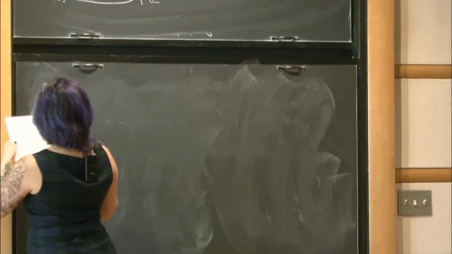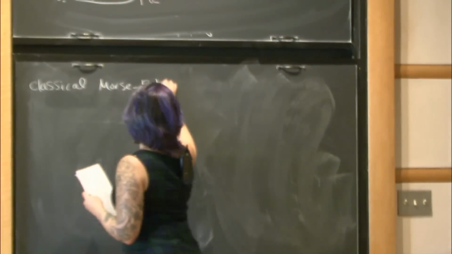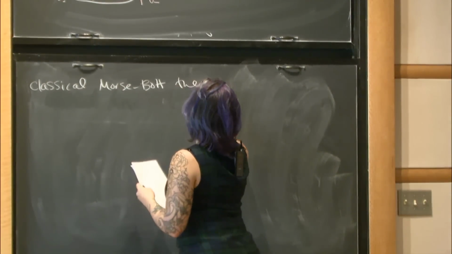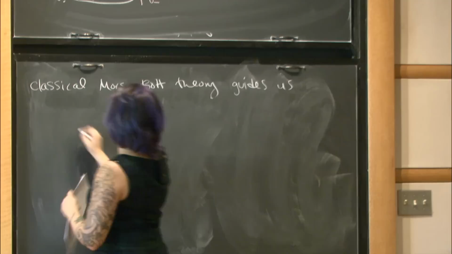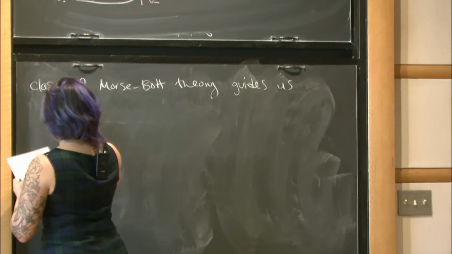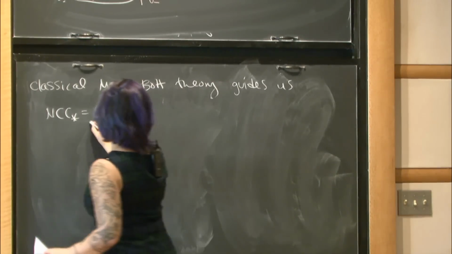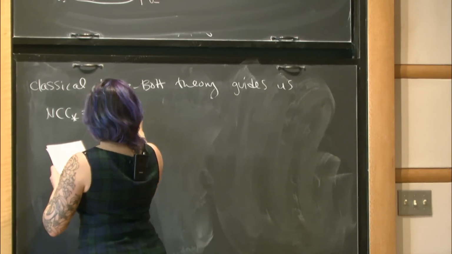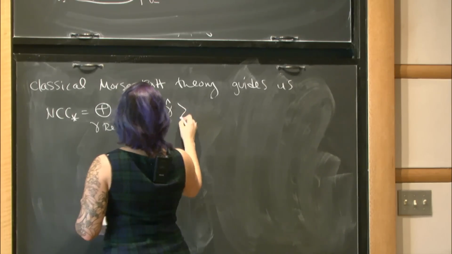Okay, so classical Morse-Bott theory guides us, and so our non-equivariant chain complex is going to be generated by 2 copies of every Reeb orbit, and we're going to use formal symbols, gamma check and gamma hat.